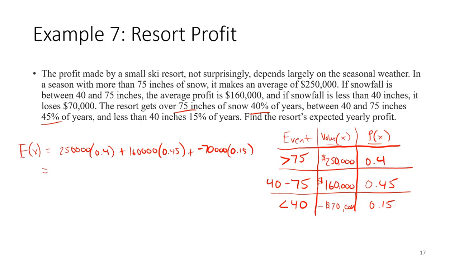And if we multiply all these values and add them up, this is 100,000 plus 72,000 minus 10,500. So the expected value of the yearly profit, about $161,500.